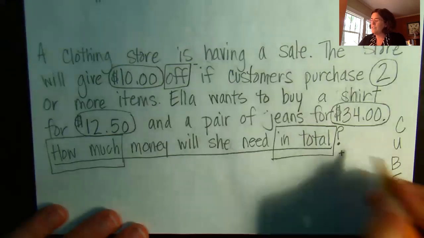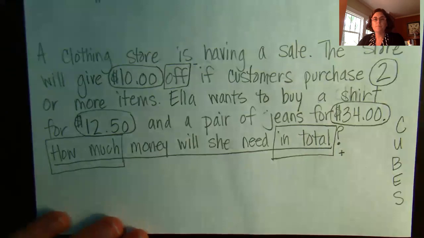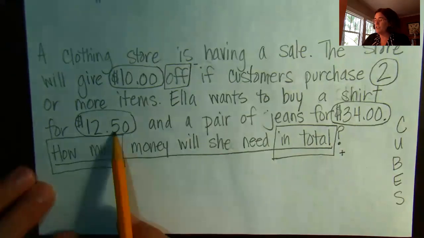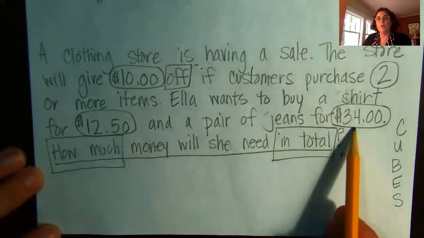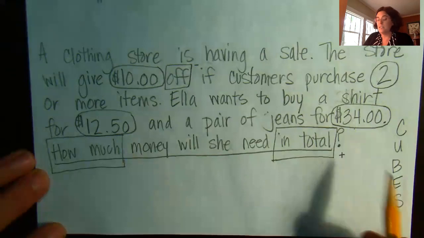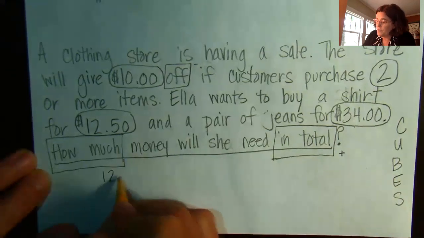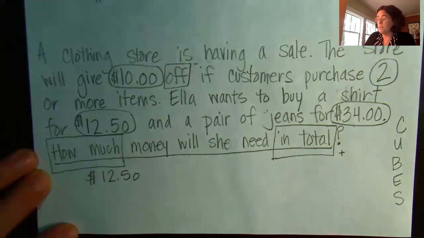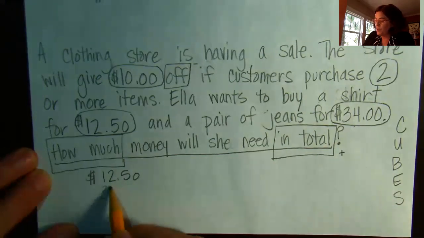What do you think we're going to add? Right, we're going to add $12.50 and $34 because that's what she wants to buy. $12.50, and I'm going to use that same rule, lining up my place values. $34, and we're going to add.